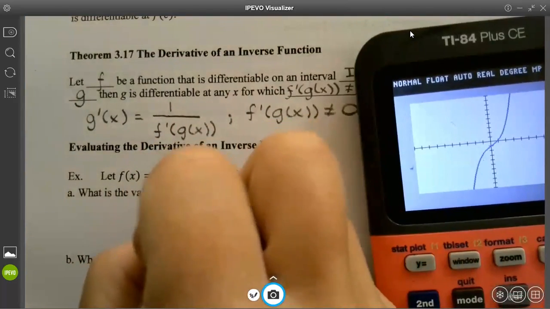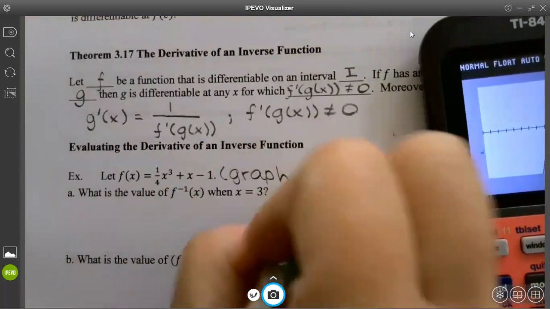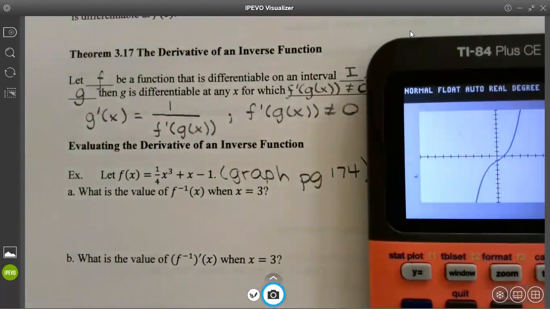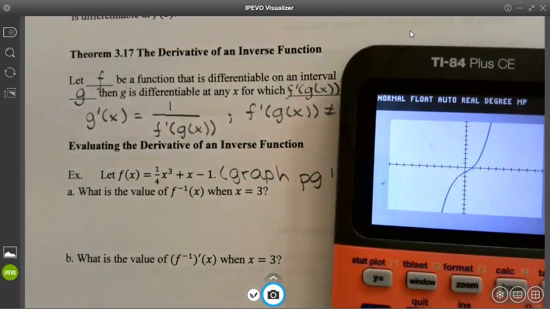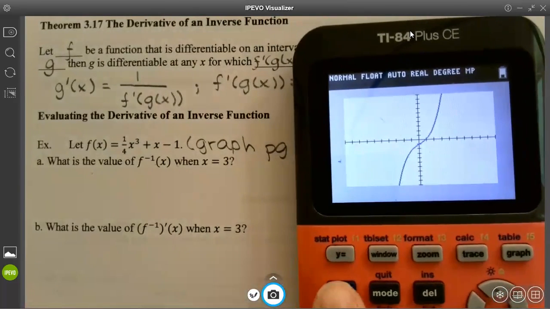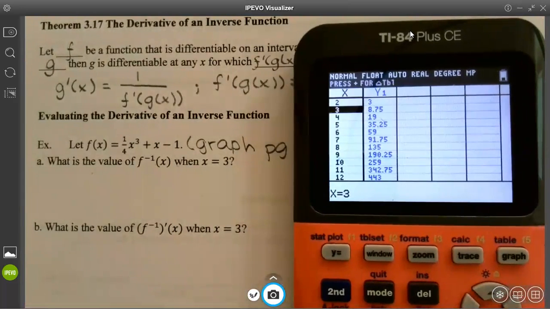So there's a graph on page 174. And it shows this. It says, what's the value of f inverse of x when x equals 3? This looks like it's really hard just because of the notation, but it's not. This is f of x. We're going to look at our table when x is 3.